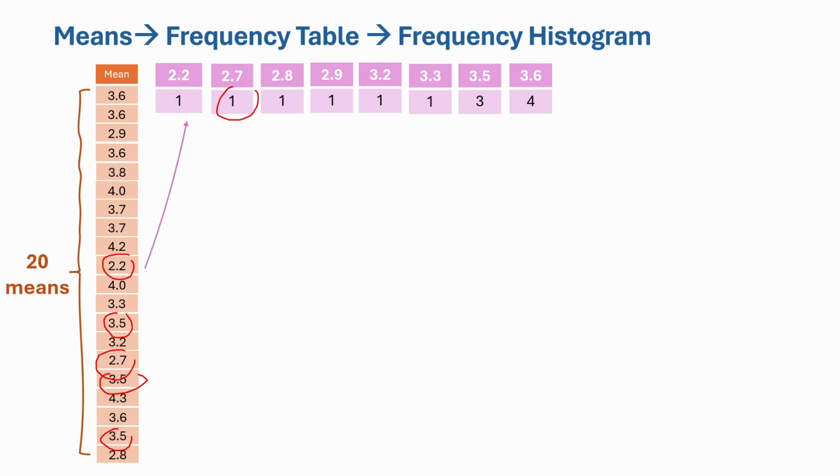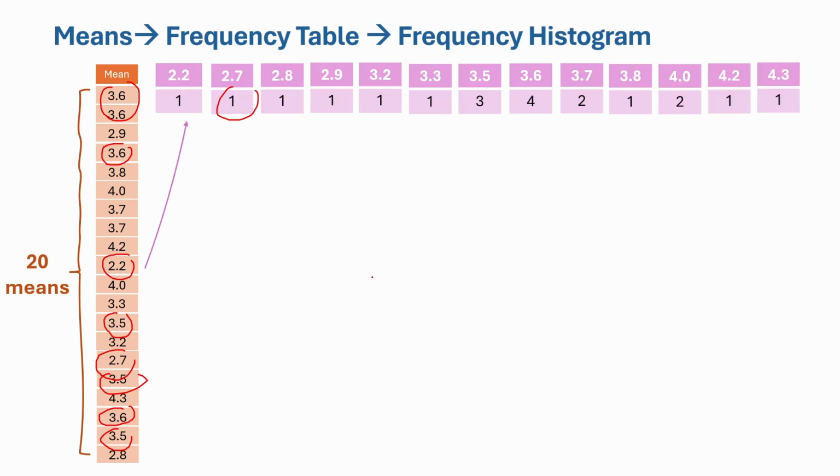For 3.6, we have four 3.6s: 2, 3, and we have another one. So we have four 3.6s, and then we can go on, and I think that's it. We have all the numbers.